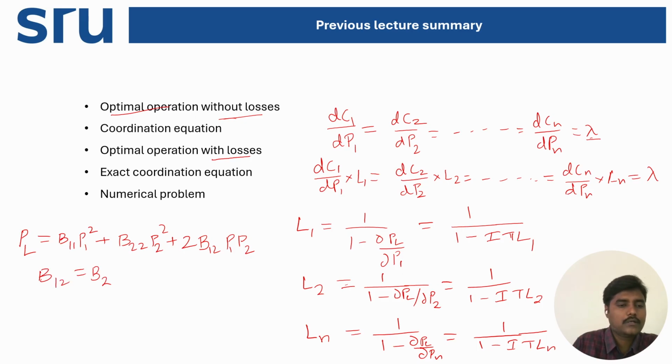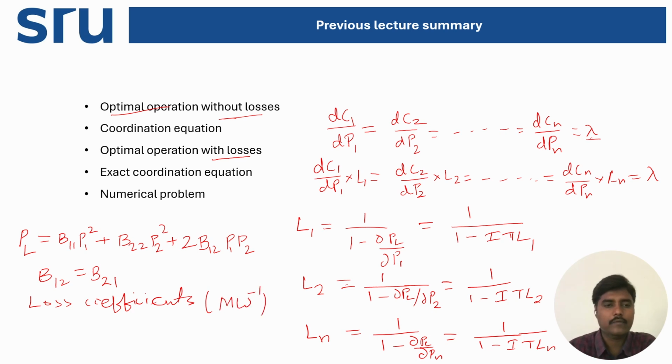All these are called loss coefficients or B coefficients, expressed in per megawatt or megawatt inverse. We have seen all these conditions in the previous lecture, and we have also done one numerical example problem based on the coordination equation.